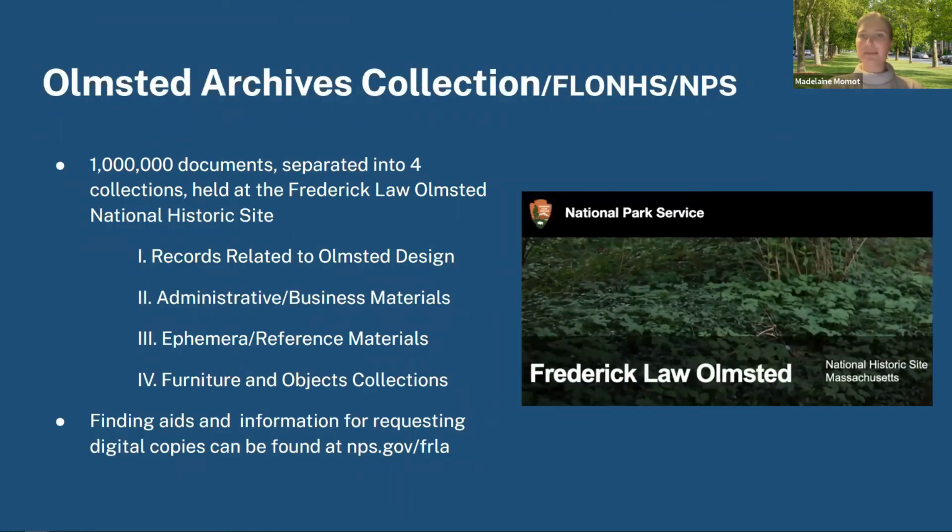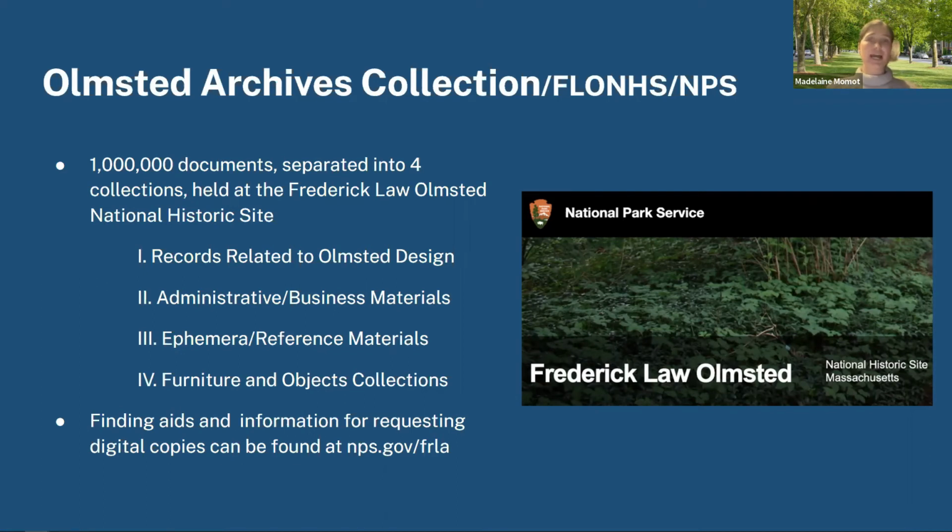And then back to that previous question of where are the original Olmsted documents stored? The Olmsted Archives collection is located at the Frederick Law Olmsted National Historic Site in Brookline, Massachusetts, and it includes over 1 million documents separated into 4 collections. So there are the records related to Olmsted design, administrative and business materials, ephemera and reference materials, and furniture and objects collections.